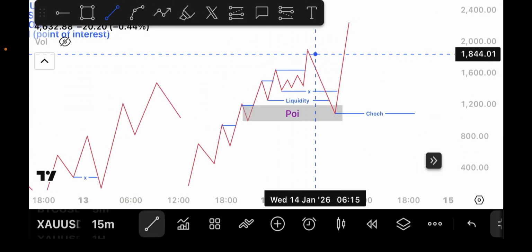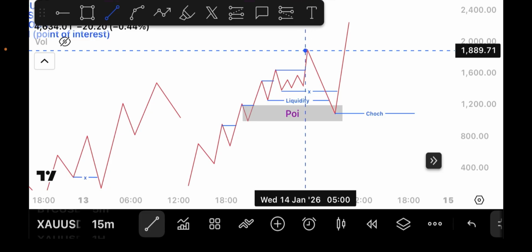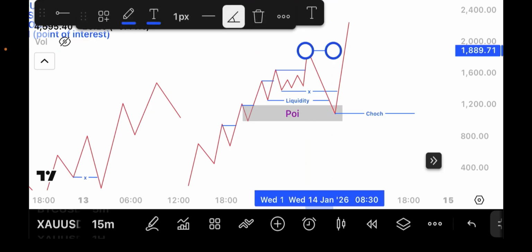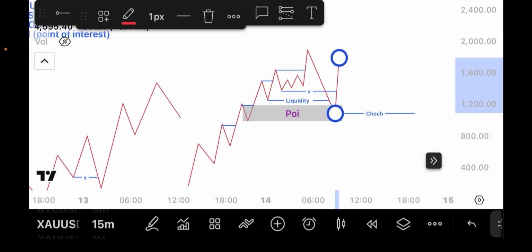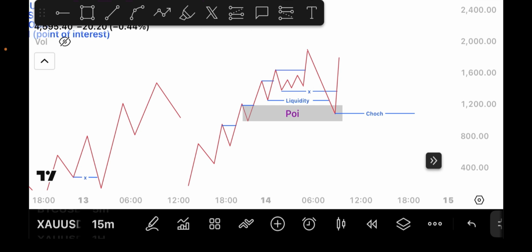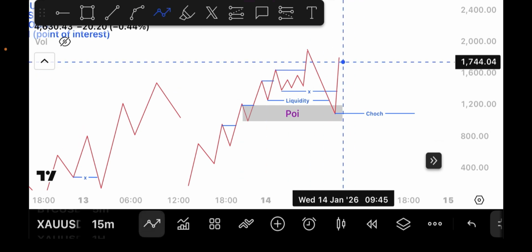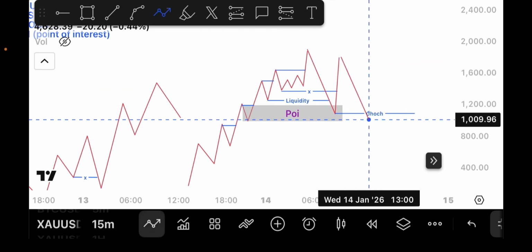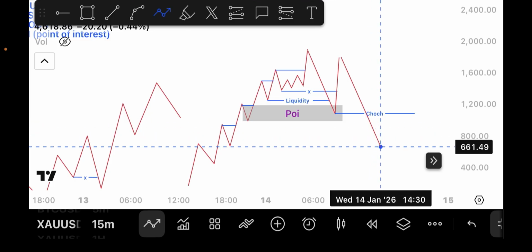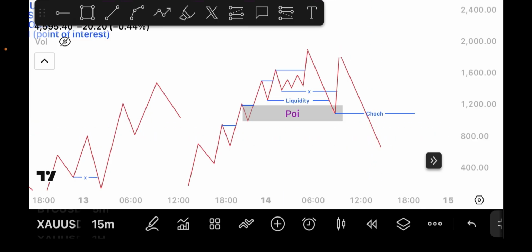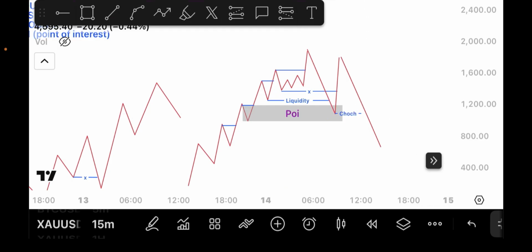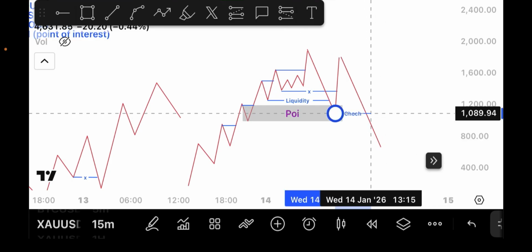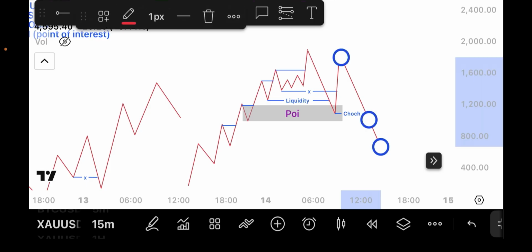If the market closes above this zone, let's say the market fails and does something like this, and comes back and closes below this zone, then here now becomes our change of character.